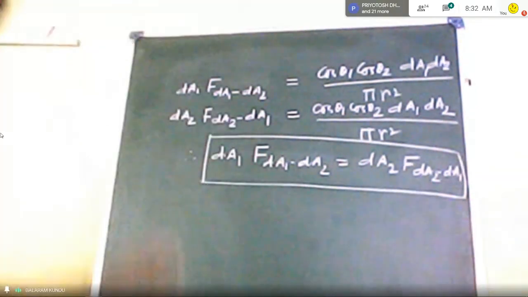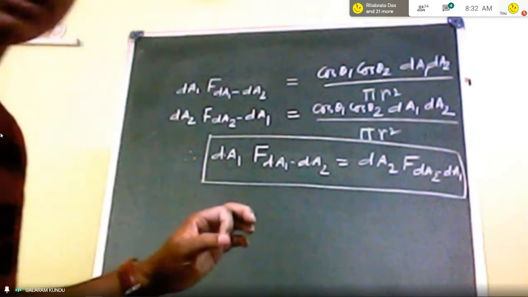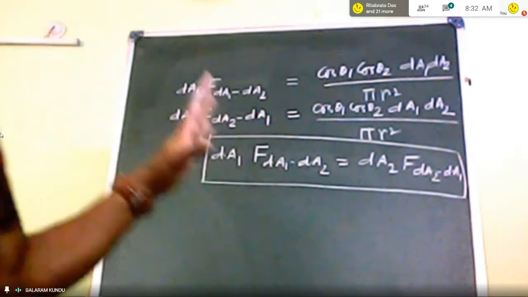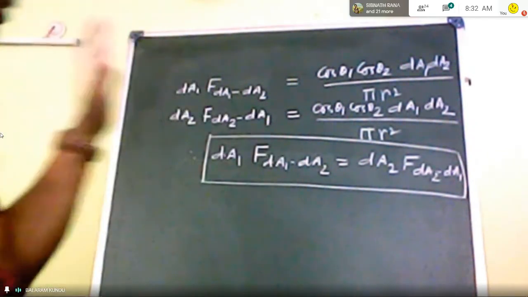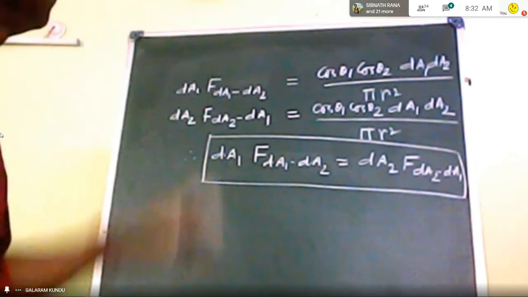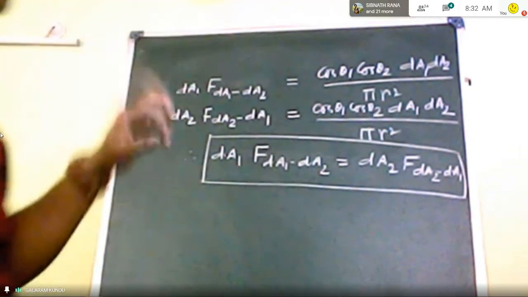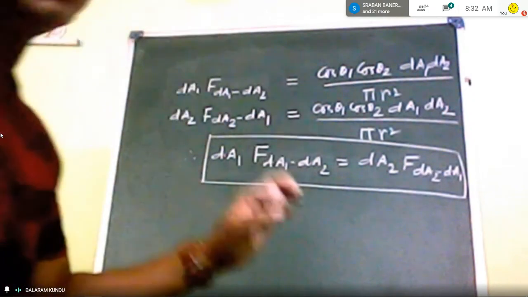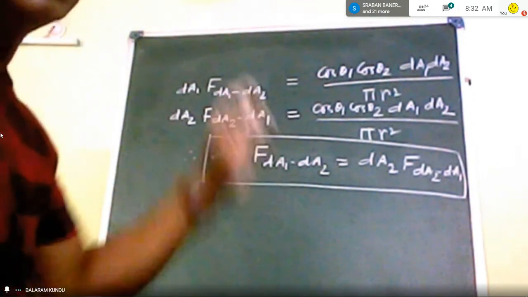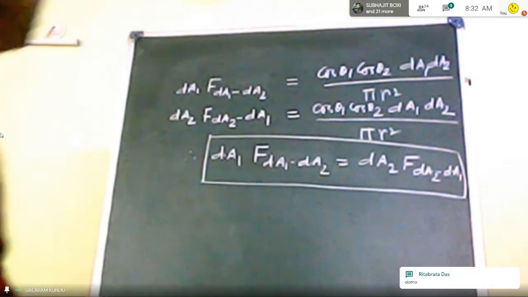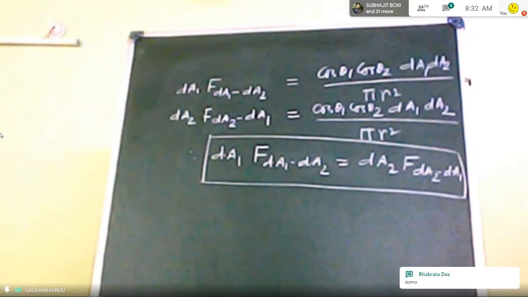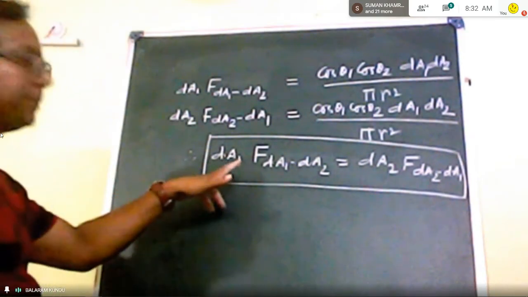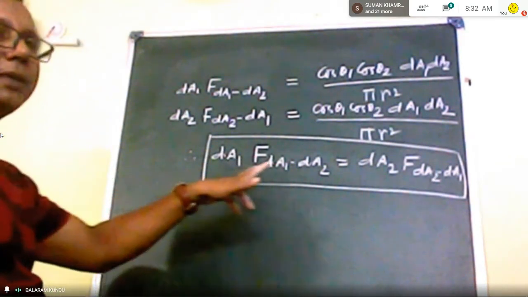And it is one property of shape factor. There are three properties of shape factor, and this is one property, the reciprocity relationship. Now, this mathematical expression is the shape factor between two elemental surfaces.